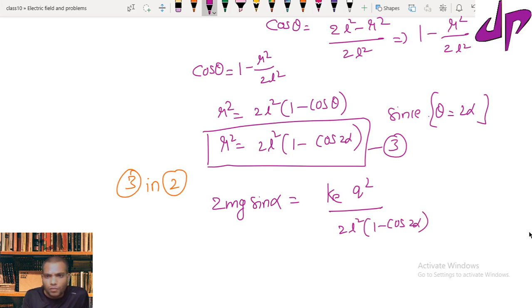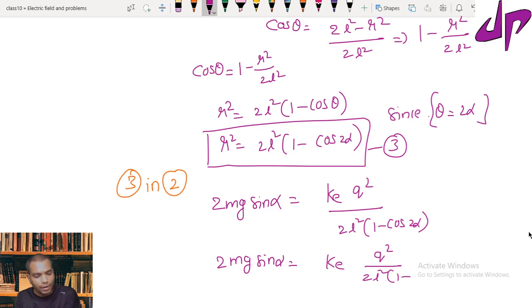Now we can do further simplification. So 2 mg sin alpha equal to the Coulomb constant ke times q square upon 2L square of 1 minus cos 2 alpha. Cos 2 alpha you can write as 2 cos square alpha minus 1.